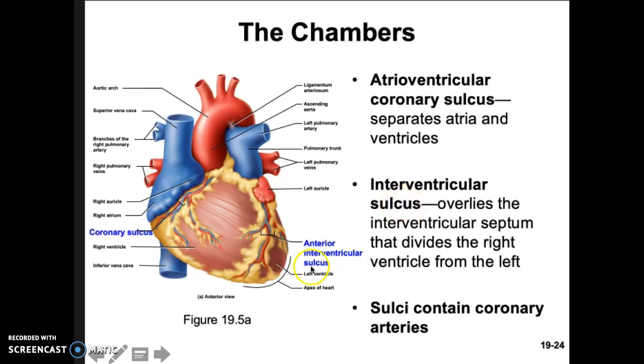Then we have the anterior interventricular sulcus, which overlies the interventricular septum that divides the right ventricle from the left ventricle. These sulci are filled with fat and coronary blood vessels.